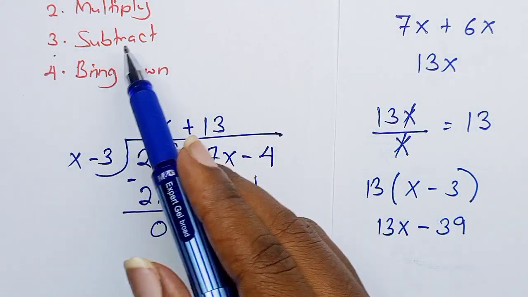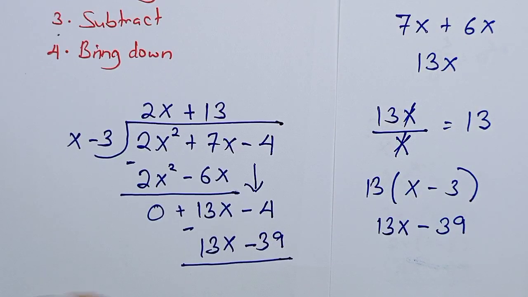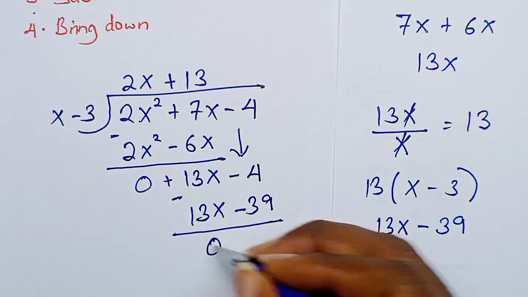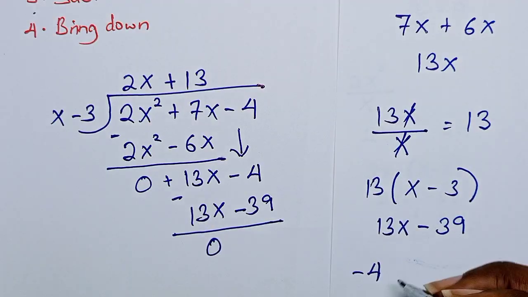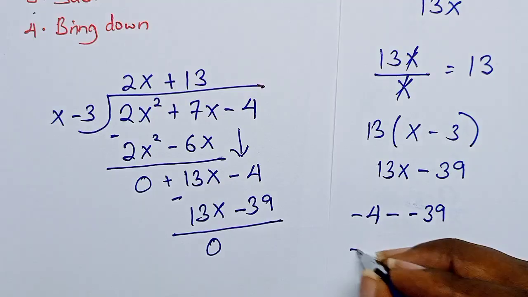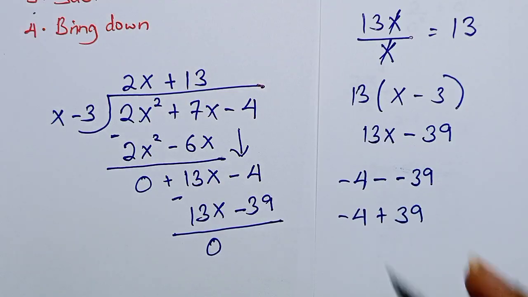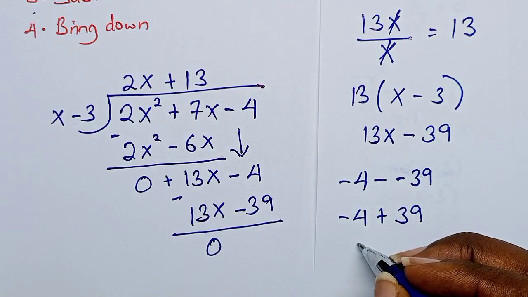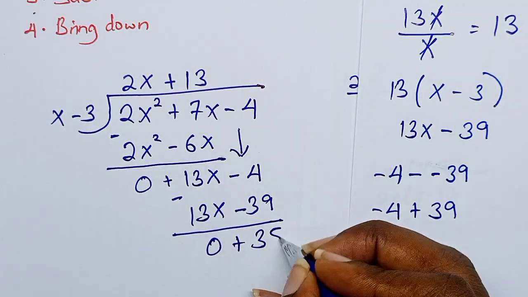Then after that, we have to subtract. So we shall have 13x minus 13x, which gives us 0. Then minus 4 minus negative 39, which becomes minus 4 plus 39. So 39 minus 4 leaves us with positive 35. So this becomes plus 35.